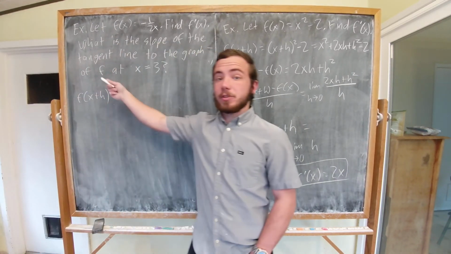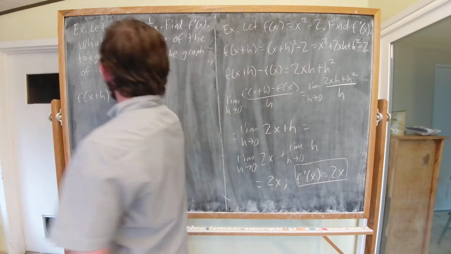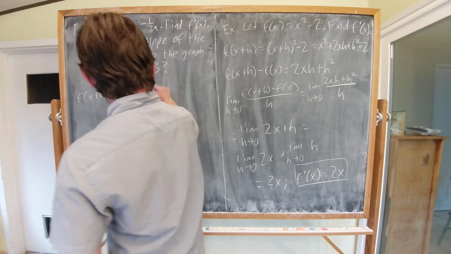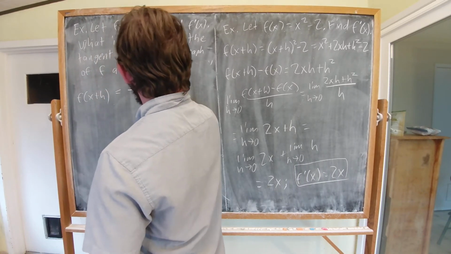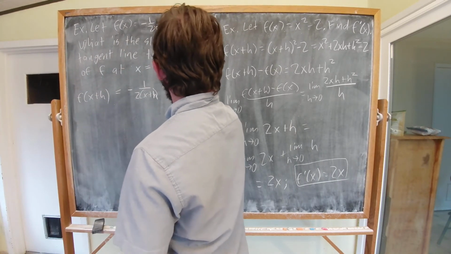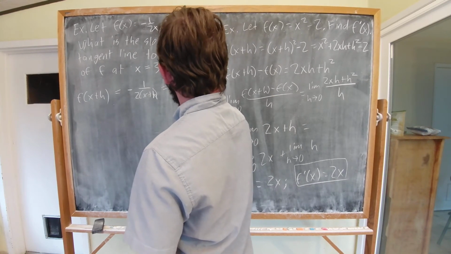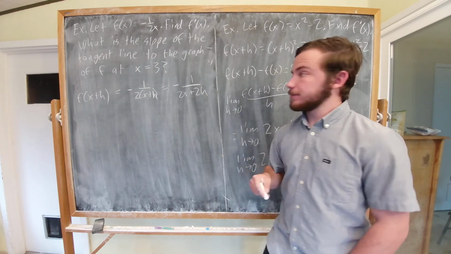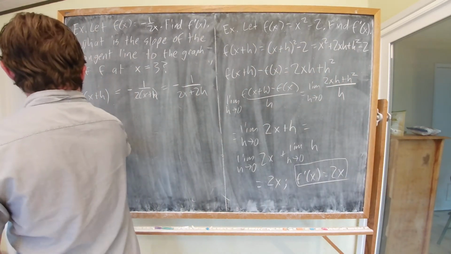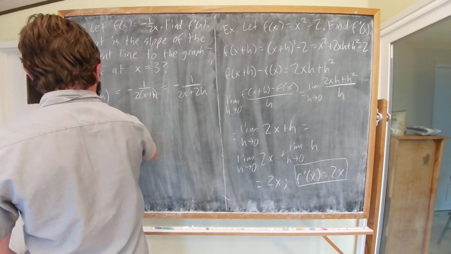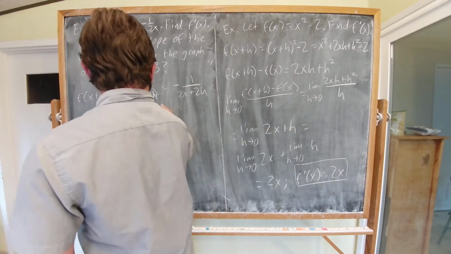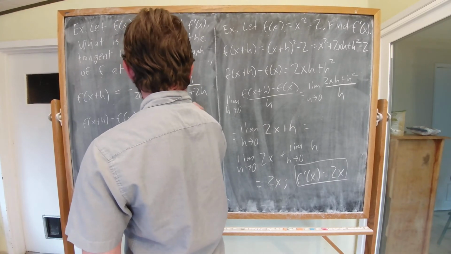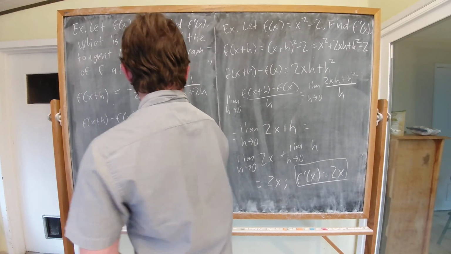Well, same old drill. We start by computing f of x plus h. That's negative 1 over 2 times x plus h, aka negative 1 over 2x plus 2h. Now we need to subtract. F of x plus h minus f of x equals 1 over 2x plus 2h minus 1 over 2x.